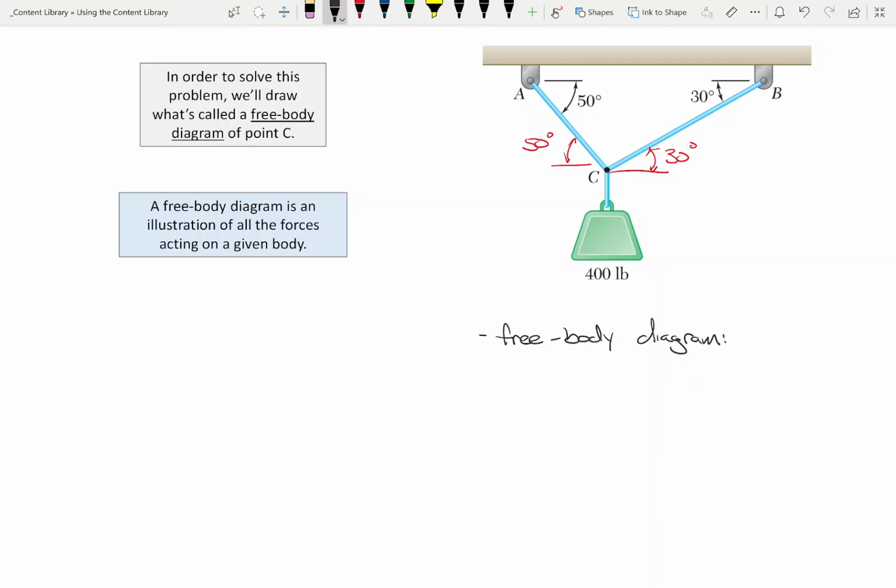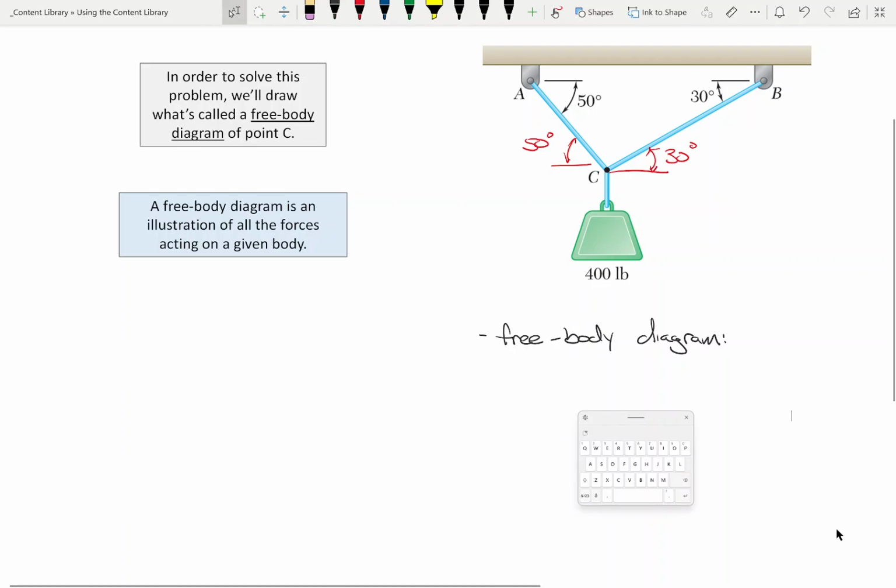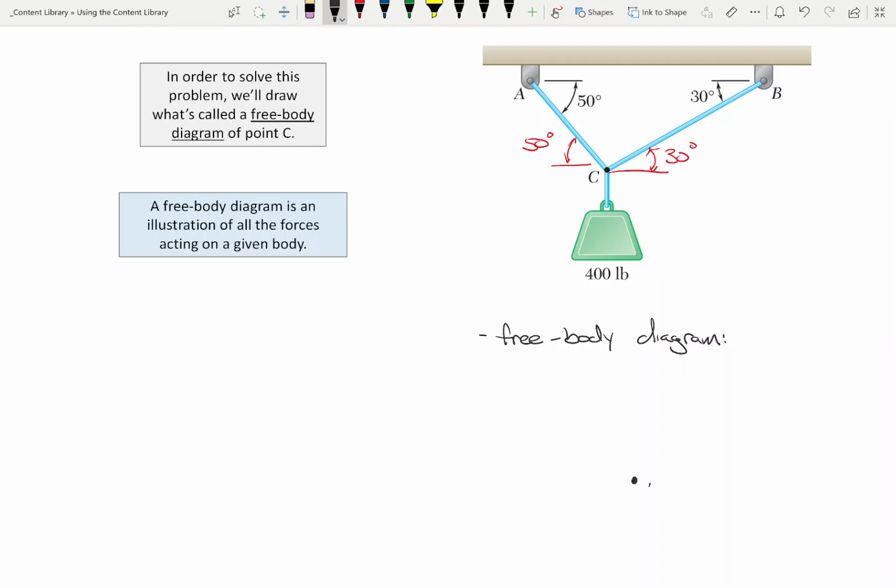Okay. And so we're going to look at, call it right here, point C. Okay. I propose that there are three forces going through point C. The first one is going down.